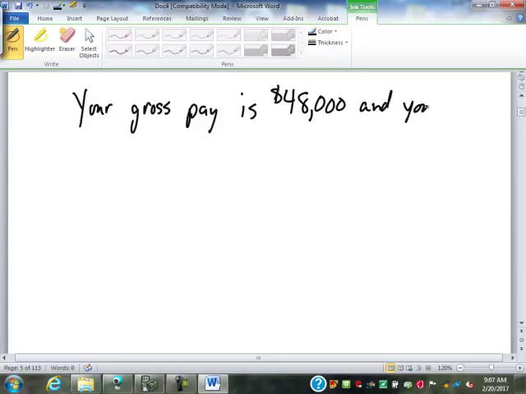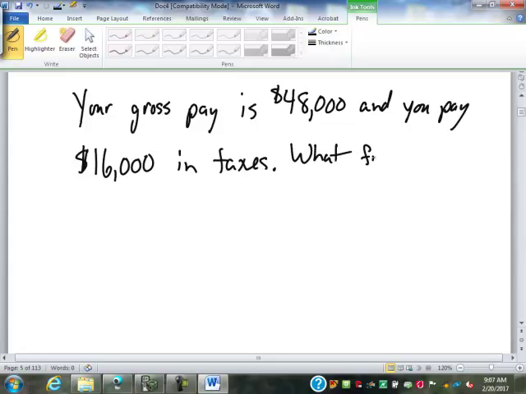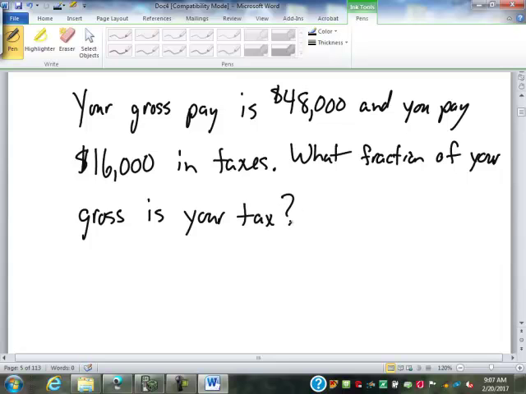And you pay $16,000 in taxes. What fraction of your gross pay is your tax? Or is the amount of tax you pay, however you want to word it.